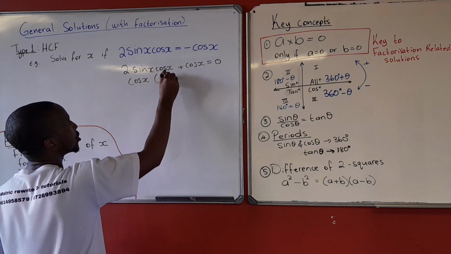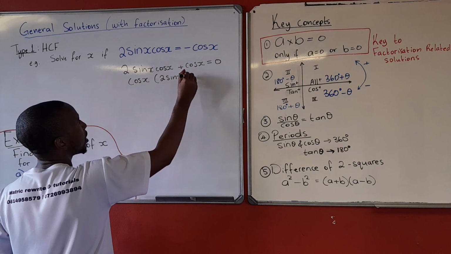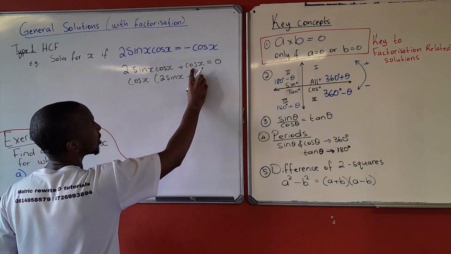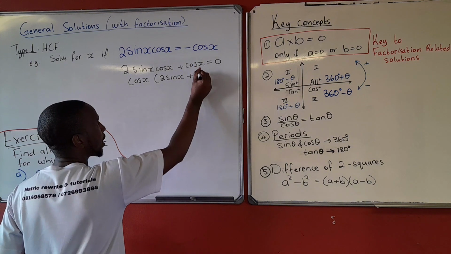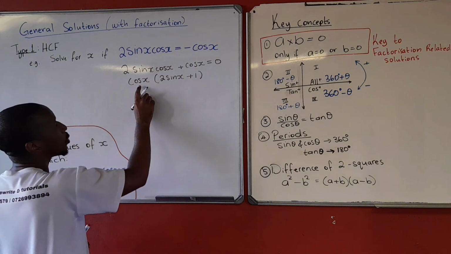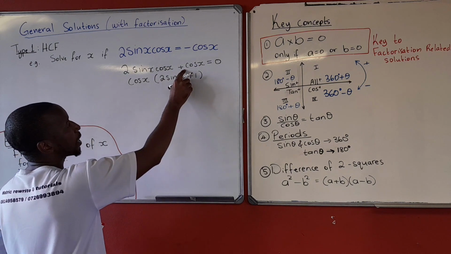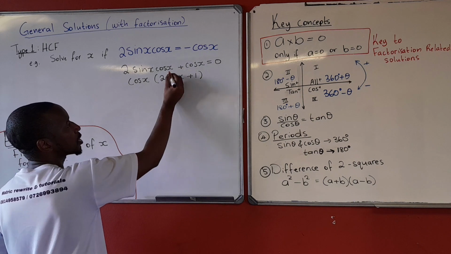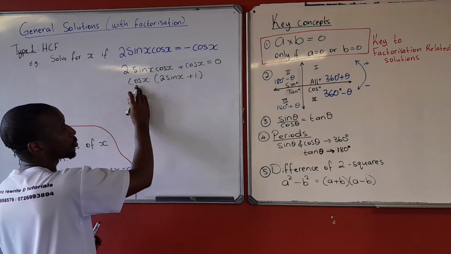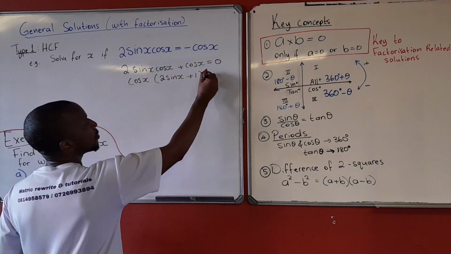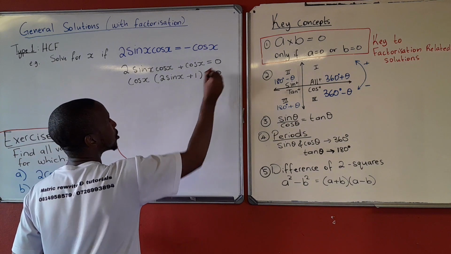Then that leaves us with 2 sine x from this side, and then from this side, you've taken out everything, so 1 gets left behind. Why? Because when you multiply in this cos, you should be able to get back what you had before, so you shouldn't change the expression. We are just removing a common factor. Therefore, we have this equal to 0.